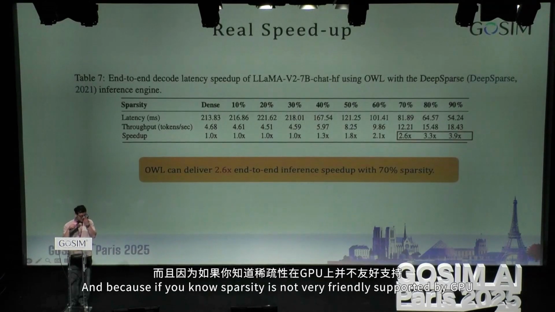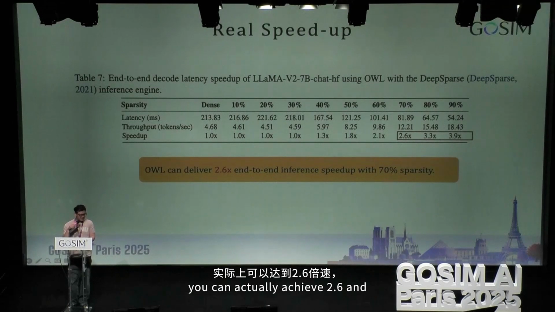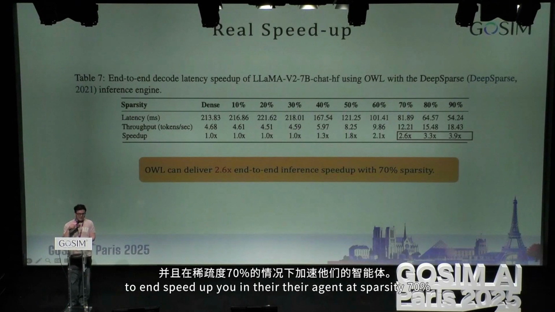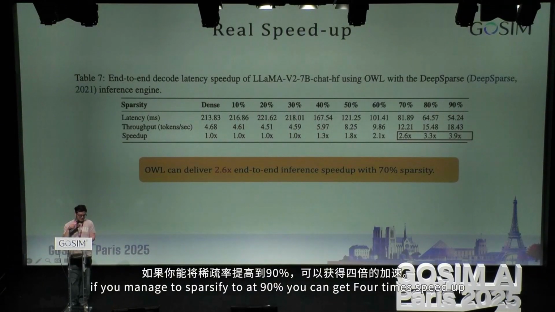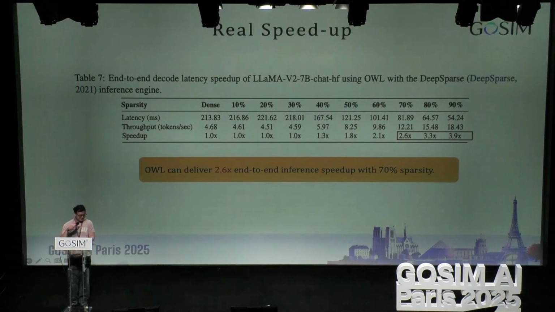Sparsity is not very well supported by GPUs, but on other hardware like the CPU developed by Deep Sparse, you can actually achieve a 2.6 times end-to-end speedup using their engine at sparsity 70%. If you manage to sparsify to 90%, you can get a 4 times speedup. So there's a big space to develop hardware to support weight sparsity.